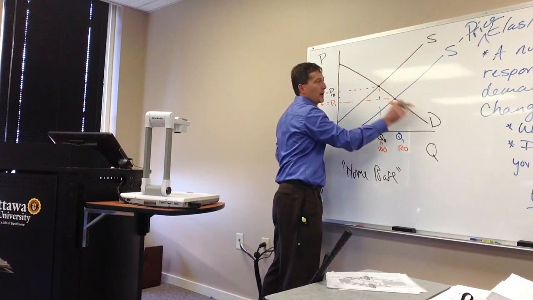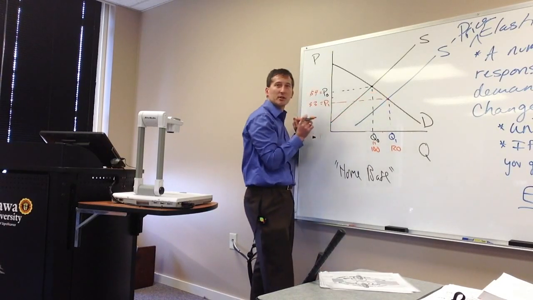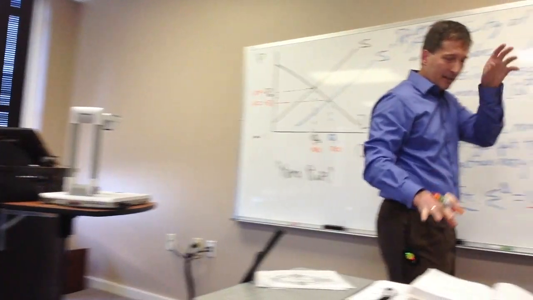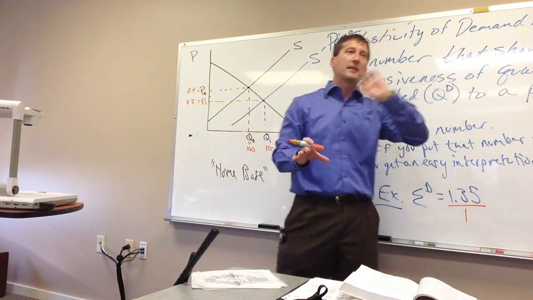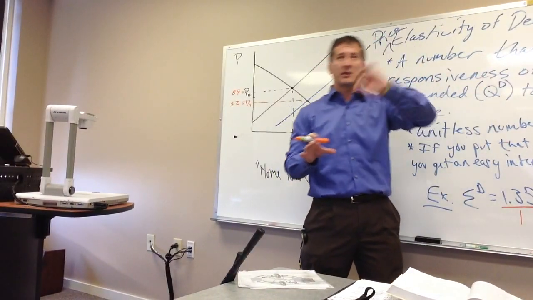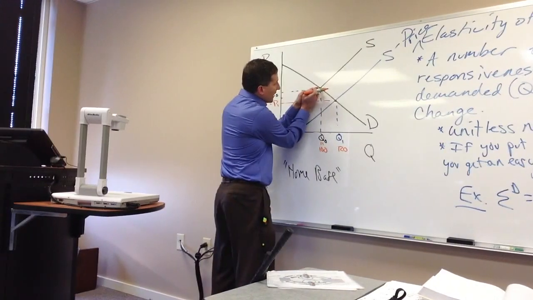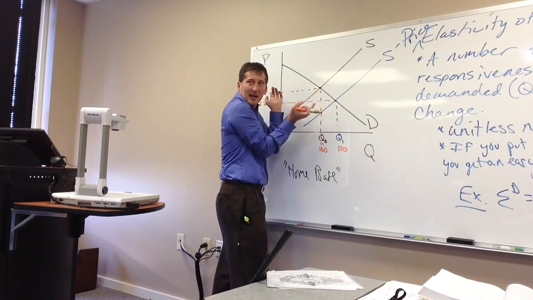It's really just a point estimate along that demand curve because we're going to take really small changes. So the way the textbook treats it here, without using the calculus, is kind of going back to the old percentage change, the new number minus the old number divided by the old number. But we're taking a really small change, so the new number and the old number are really right next to each other anyway, so it doesn't matter.